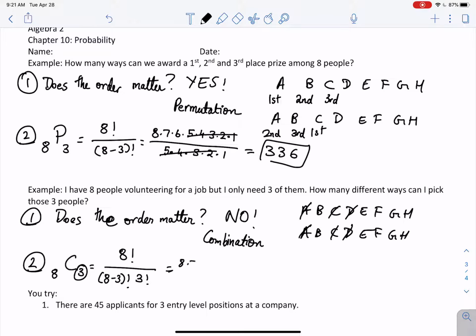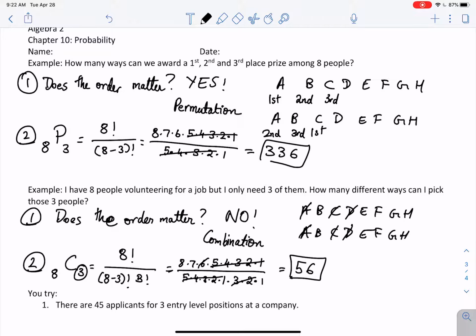So here I get 8 times 7 times 6 times 5 times 4 times 3 times 2 times 1 divided by 8 minus 3 is 5 factorial, so 5 times 4 times 3 times 2 times 1, times this extra 3 factorial, so 3 times 2 times 1. Again, the 5, 4, 3, 2, 1 cancels out. 3 times 2 is the same as 6, so that cancels out. So I just get 8 times 7, which is 56 ways.